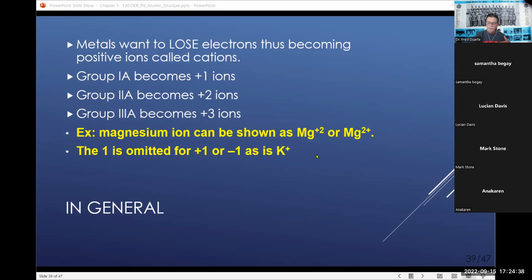And we draw that with the superscript plus. If it's just a 1, you can put +1, or you just put the plus, that's sufficient. It makes no difference if it's +2 or 2+, same thing. For example, potassium, you just put the plus, but if you feel comfortable putting +1, that's fine too.